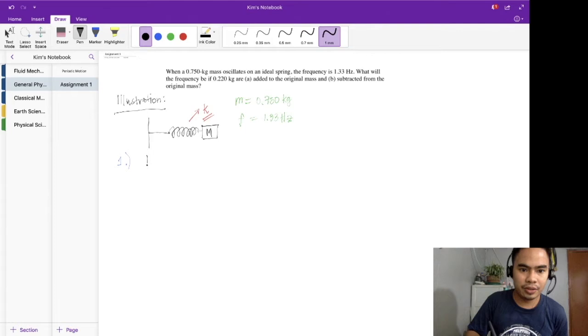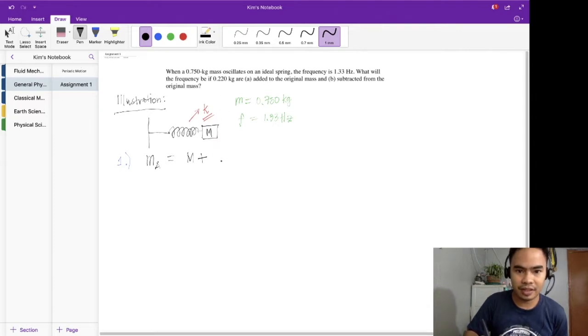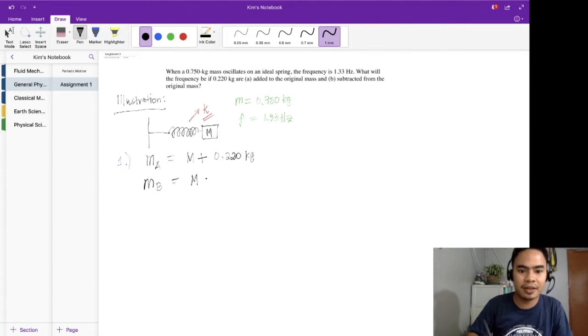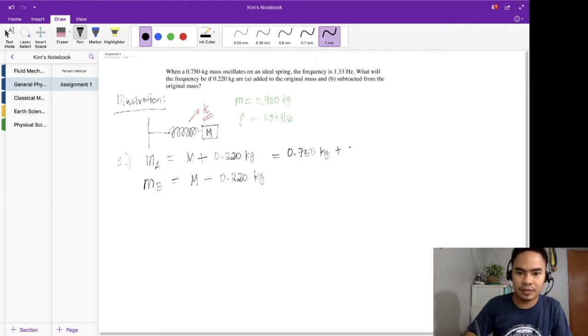You denote mass A as the original mass plus the addition of 0.220 kilograms, and you denote m sub b as the original mass m minus 0.220 kilograms.